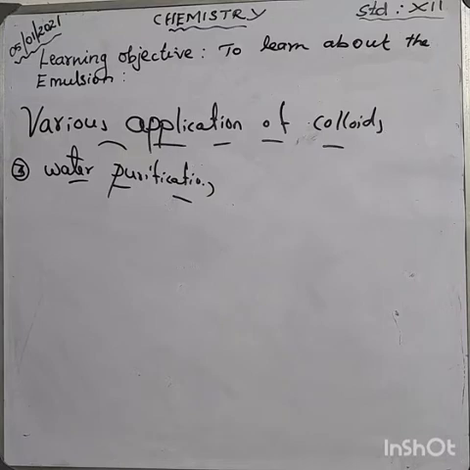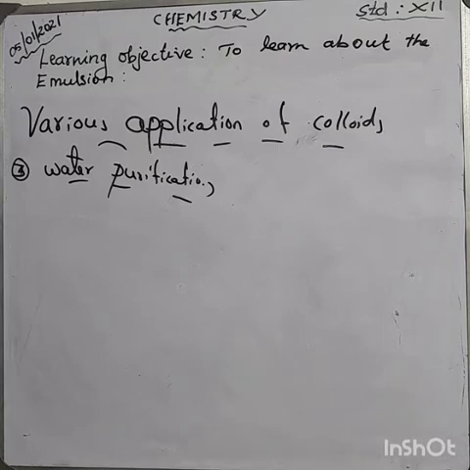Here, water purification: some water, maybe river water, is unfit for drinking purposes because it has some unwanted impurities. So we add some alum, maybe potash alum.